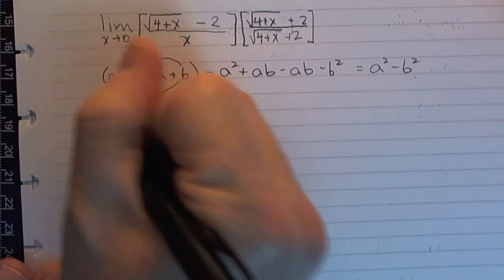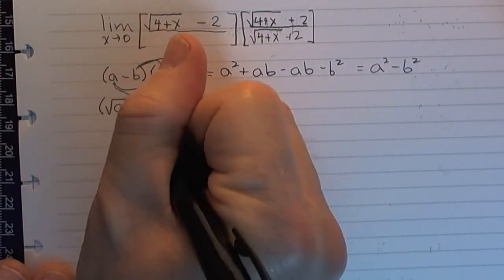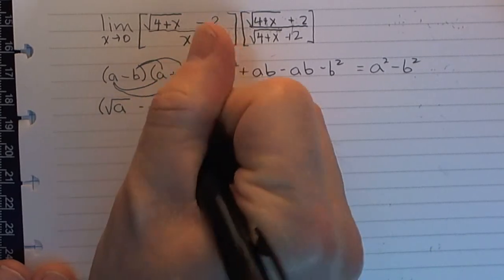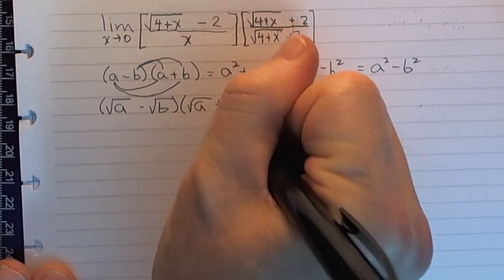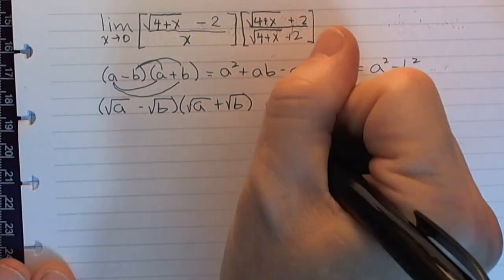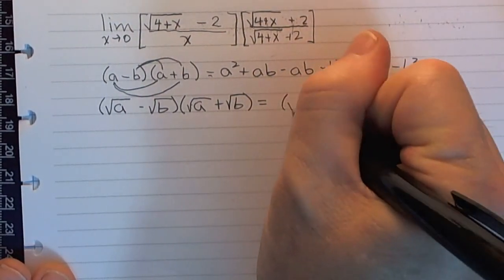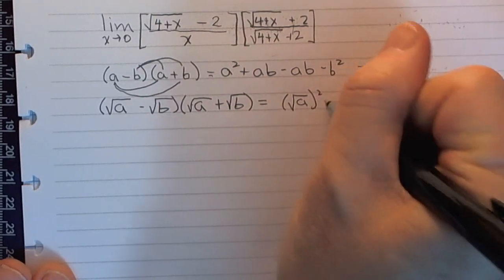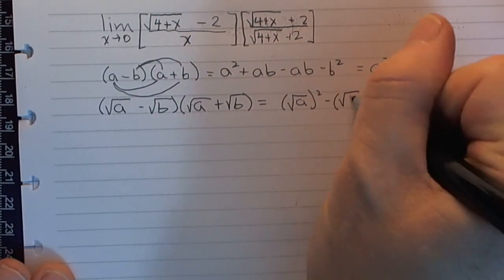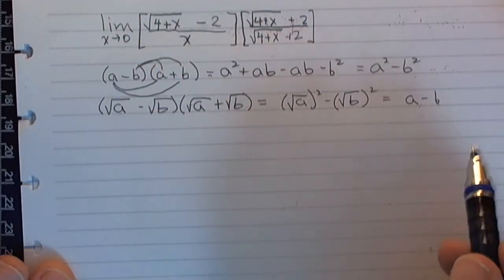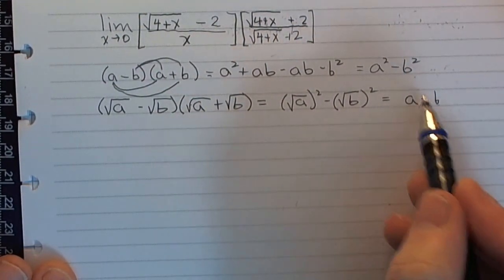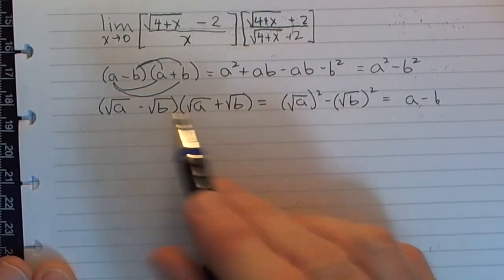Now, imagine if that's a square root. Let's suppose you've got the square root of a minus the square root of b times the square root of a plus the square root of b. Well, that's just going to be the first thing squared minus the second term squared, and you get a minus b. Notice, what I did was I got rid of the radical by multiplying by the conjugate.